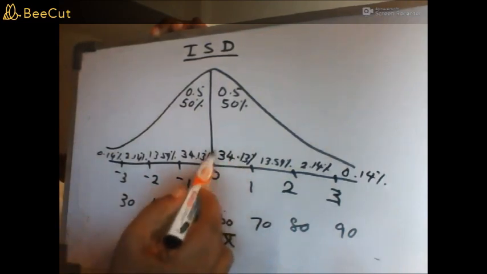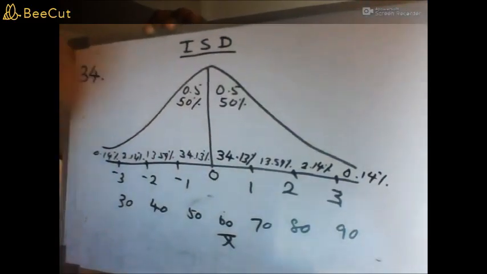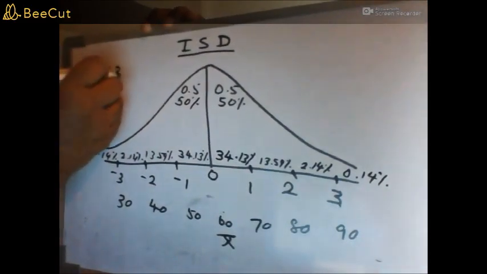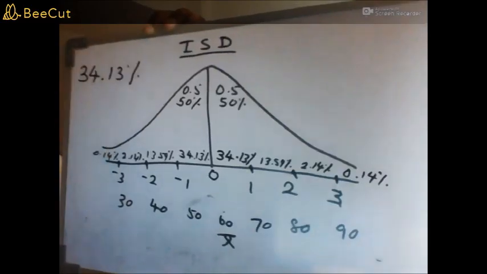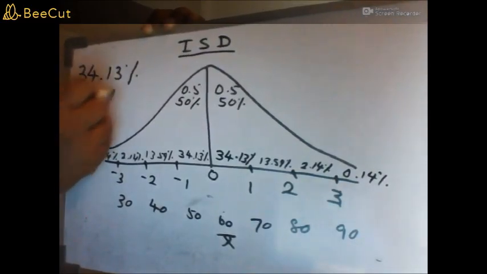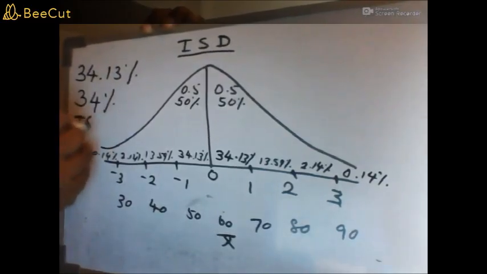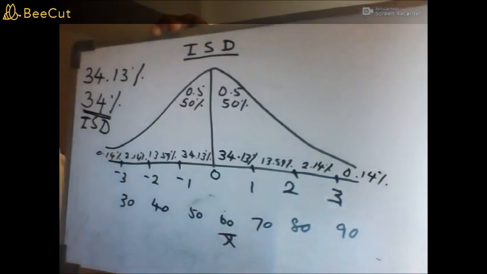Don't have any decimals here. Now, what is the round number for 34.13%? 34%. That is the ISD. Right? 34, the round number.